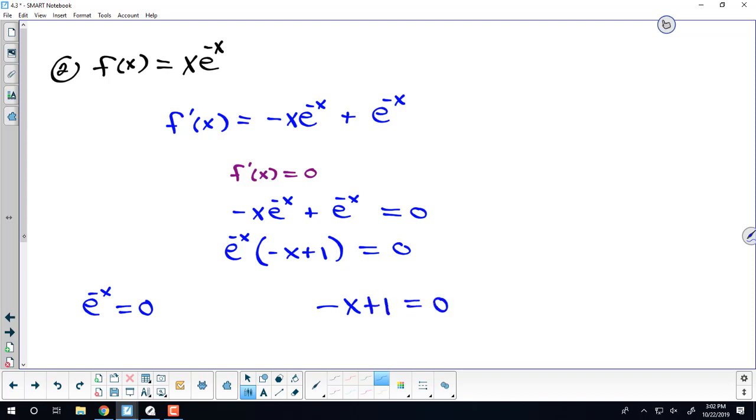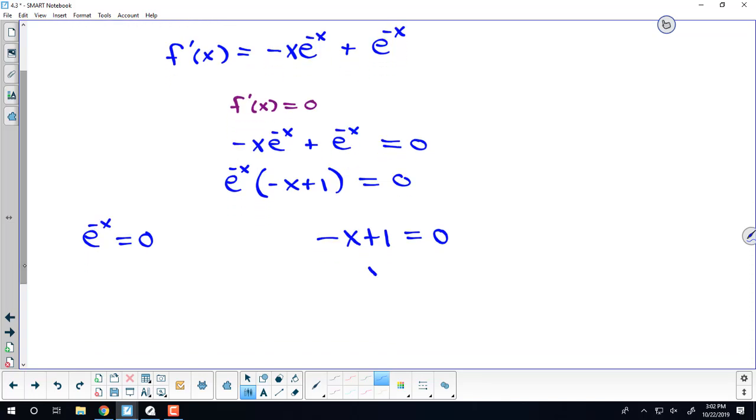So when x is 1, we get that the first derivative is 0. And then there are some questions about e to the negative x. There's a couple of ways to think about it, I guess. If you remember the graph of e to the negative x, it looks kind of like that. It's never 0. The other way is just to solve it analytically, to involve the inverse, right? So let's take the natural log of both sides.